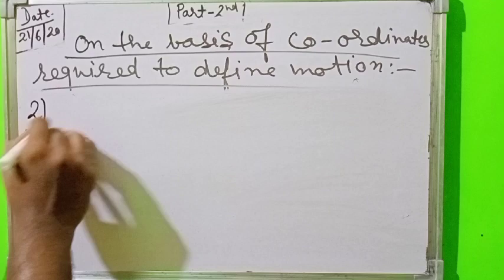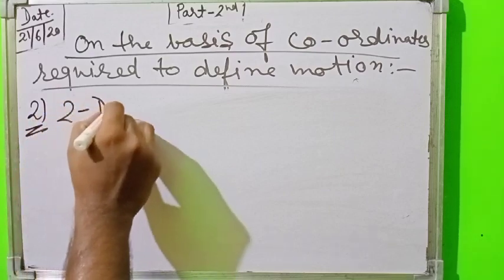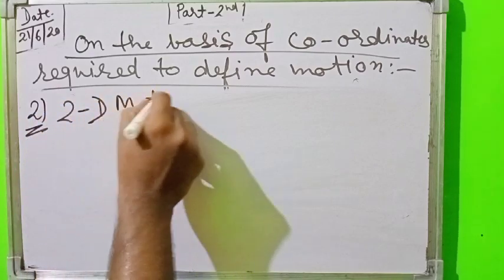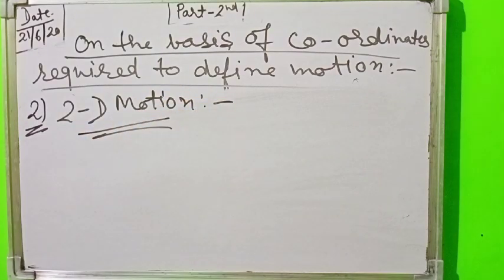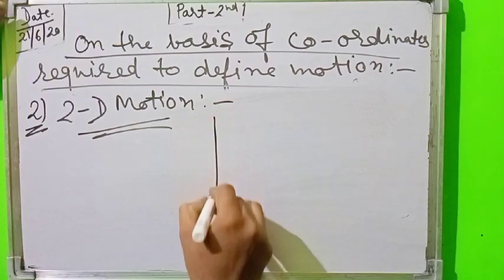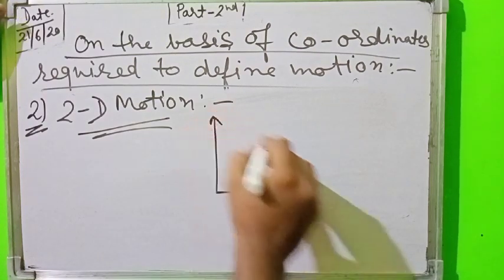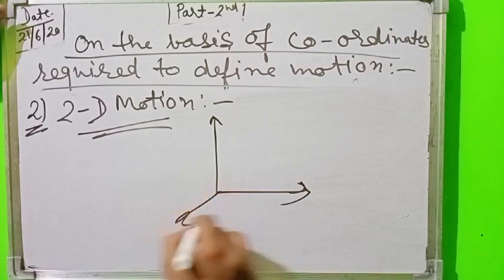Two-dimensional motion means that for specifying the motion of the object with the passage of time, two coordinates are needed to specify the position of the object.